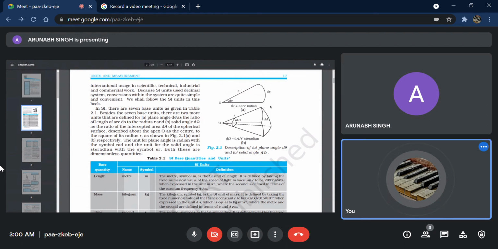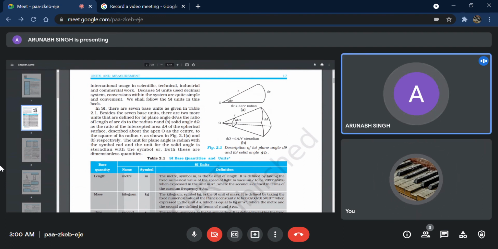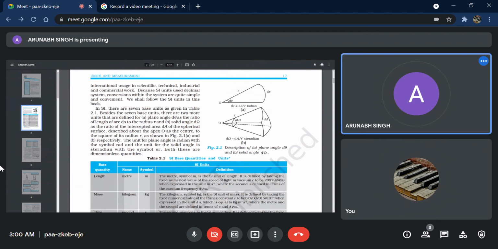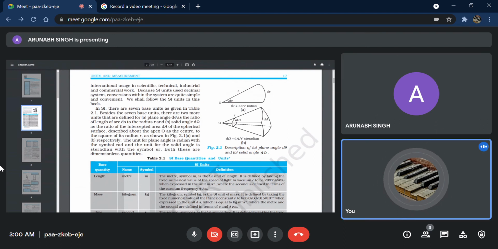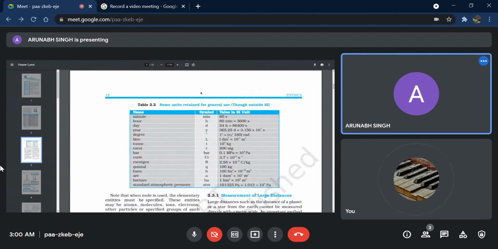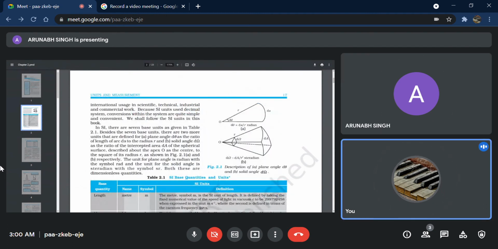So we have defined the distance ds in terms of the radius and the angle. We want to define what the angle measurement is. Why is it ds by r? Tell me. ds is the length of the arc, which is very small, and its ratio with the radius gives us the angle.